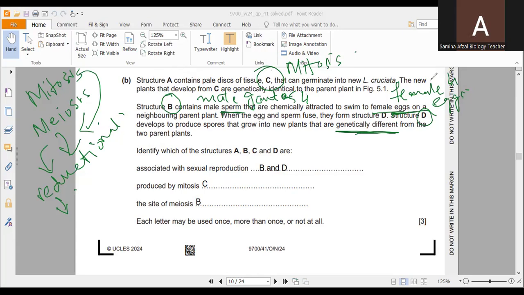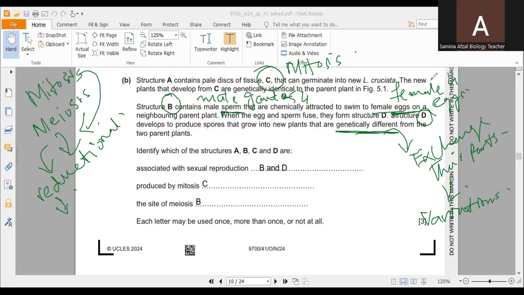During crossing over, the homologous chromosomes come close to each other and exchange their parts, and as a result of this exchange, variations originate, and so they will be genetically different from one another. So it was all about the question.